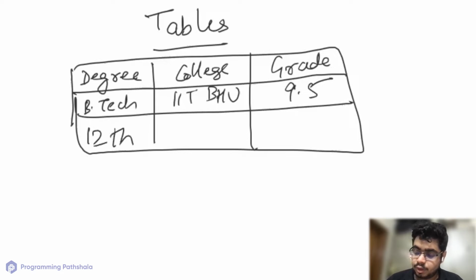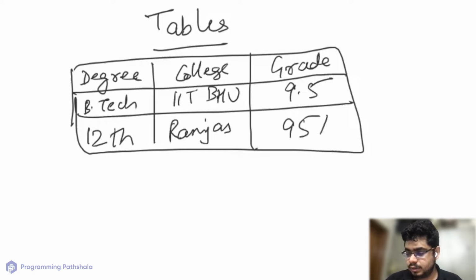Similarly, let's say I did 12th from some school and I got, let's say, again, some percentage, right? So a simple table like this I want to make, and I want it to be present on my profile page. Then how will I be able to make this simple table?